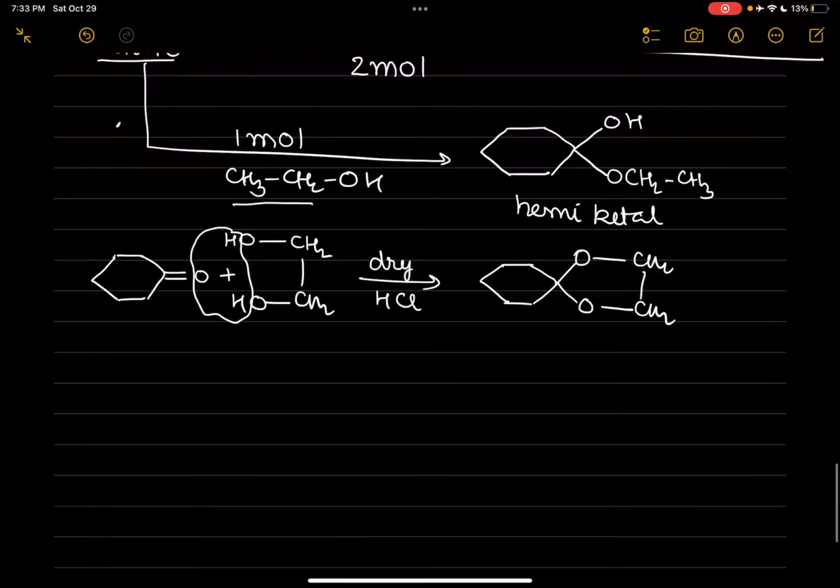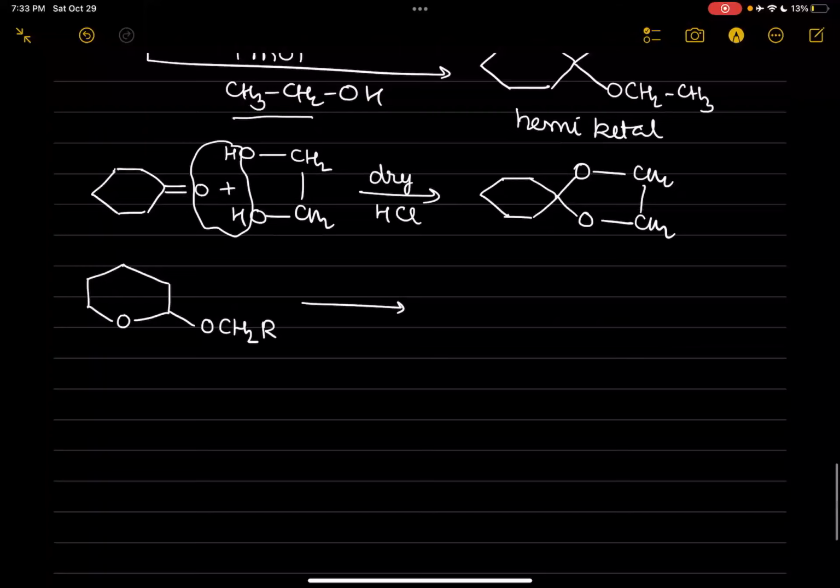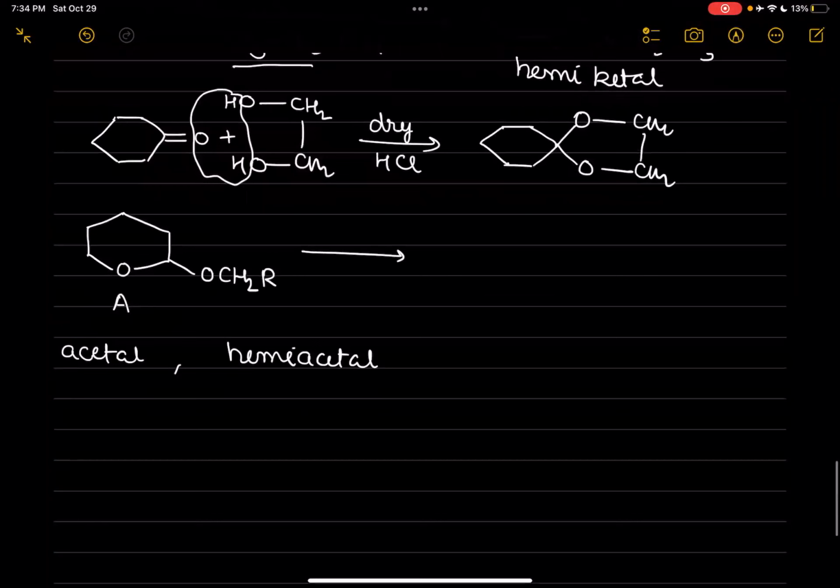So there was a question actually in JEE Advanced. The functional group which is present in A is acetal, hemiacetal, ketal or hemiketal?